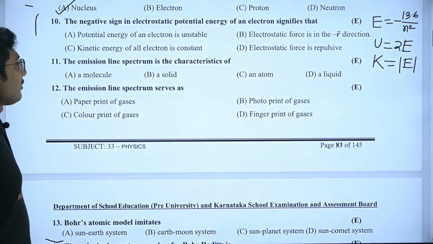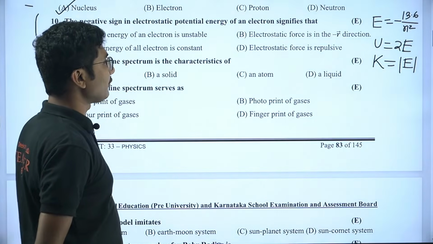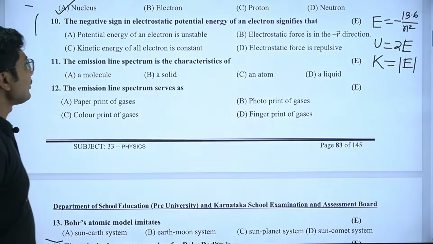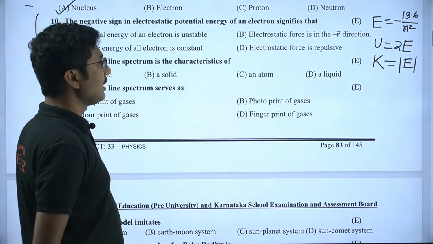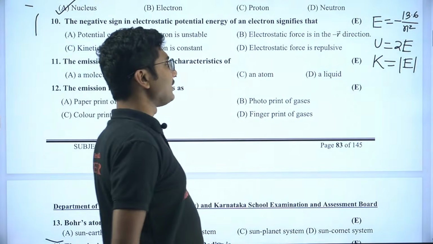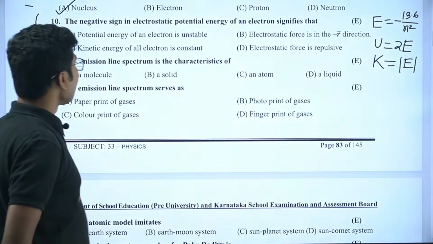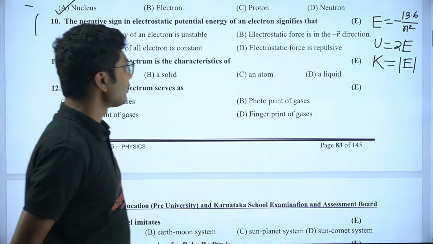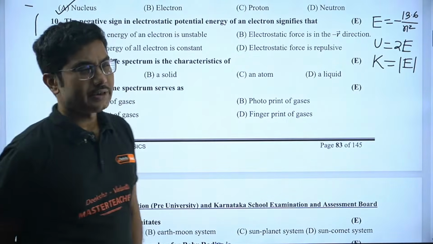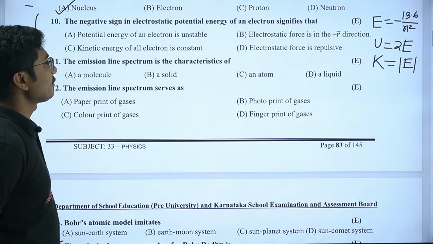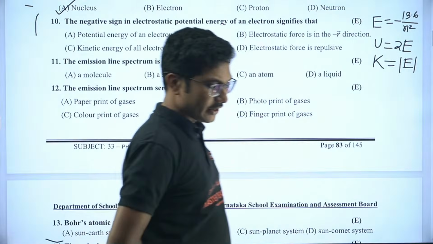Question number 10. The negative sign of electrostatic potential energy of an electron signifies that the potential energy of the electron is unstable, electrostatic force is in the negative r direction, kinetic energy of the electron is constant, or electrostatic force is repulsive.